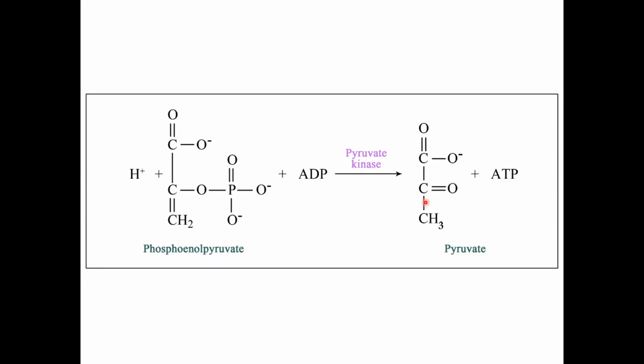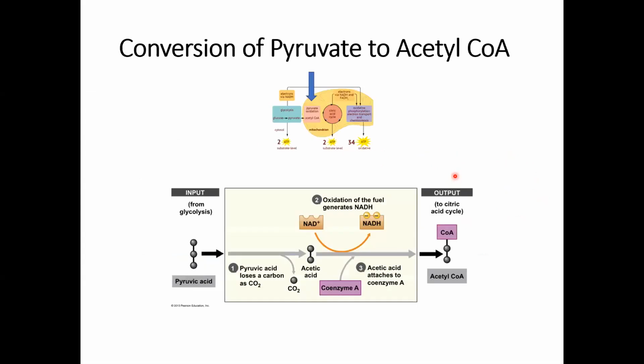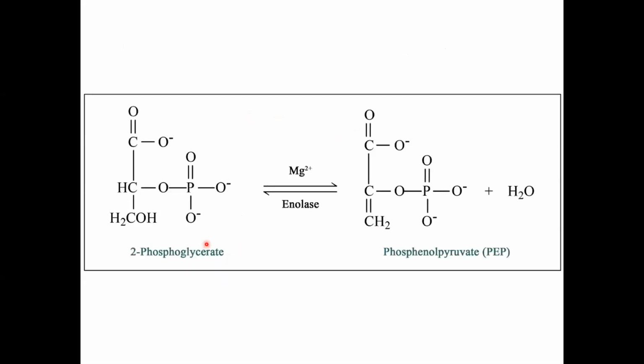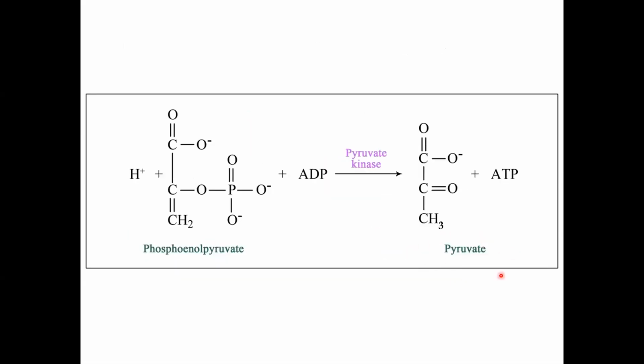So there's still a lot of energy contained in this intermediate. And you will see that in pyruvate. Pyruvate also has a lot of energy left in it, which we will see in the citric acid cycle. So that basically is glycolysis. So we were able to start with glucose and end with 2 pyruvates.